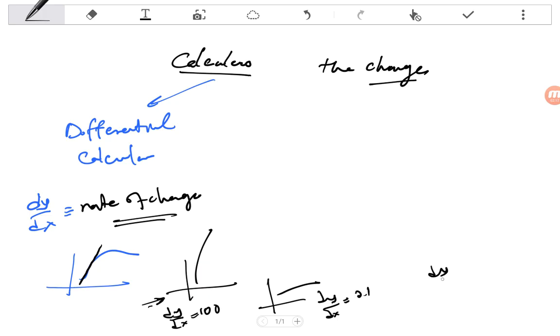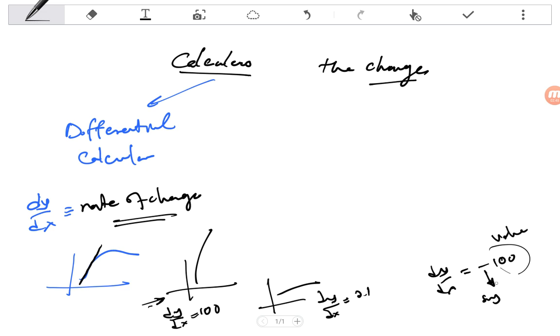What if dy by dx was negative 100, for example? What does this mean for us? I think it's going to be down. Yes, the negative sign means that it is decreasing instead of increasing. So we have a sign, and we have a value.